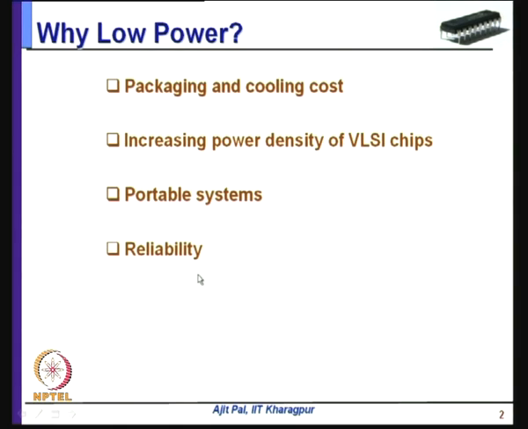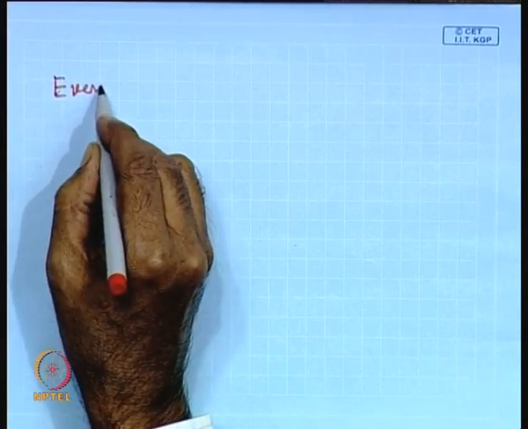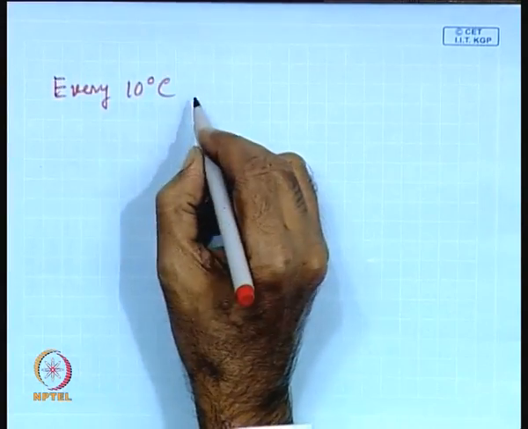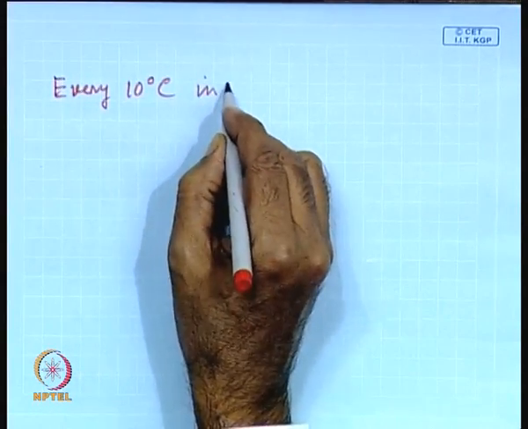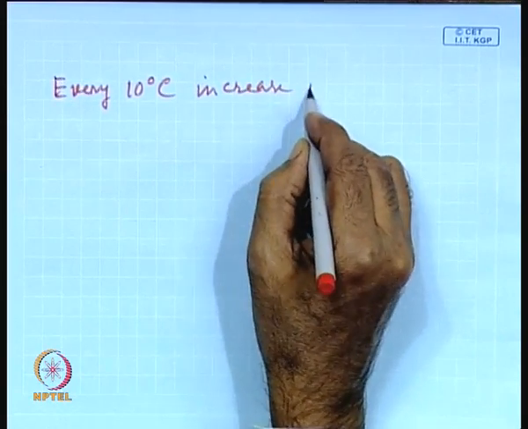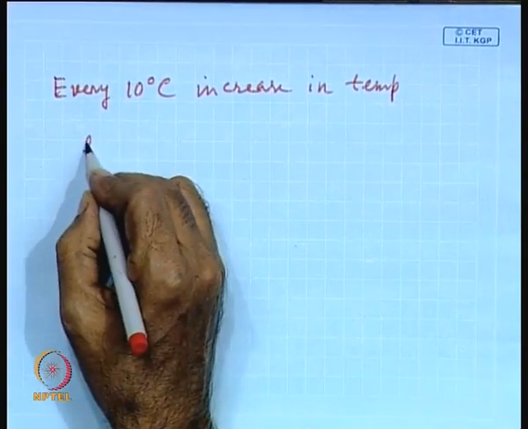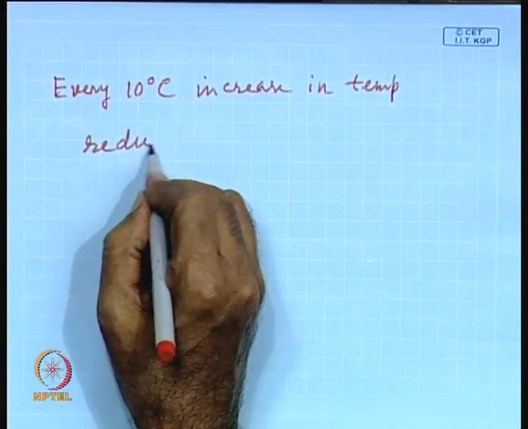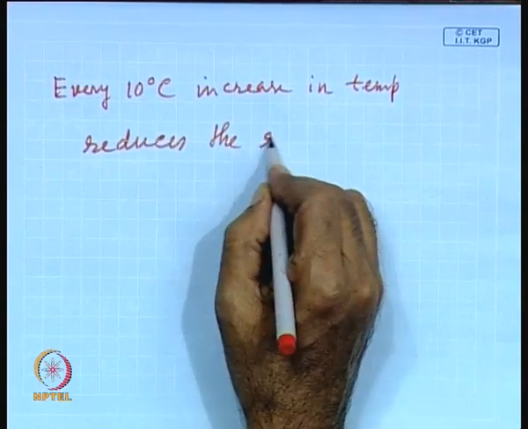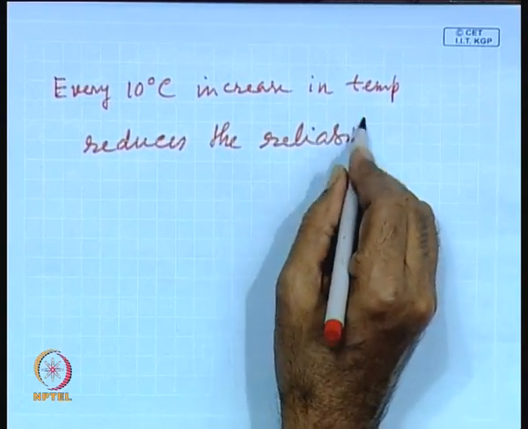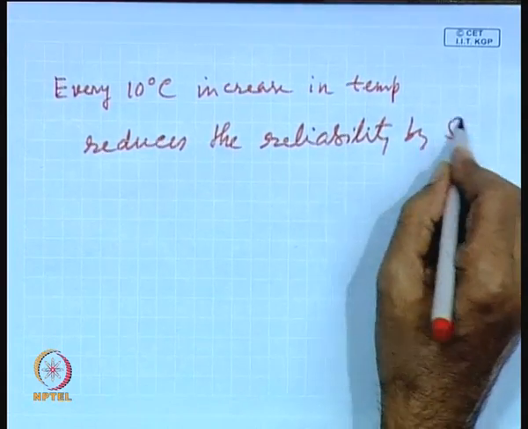Then reliability. It has been found that the power dissipation is directly related to temperature, and it has been observed that every 10° centigrade increase in temperature reduces the reliability by half, by 50%.